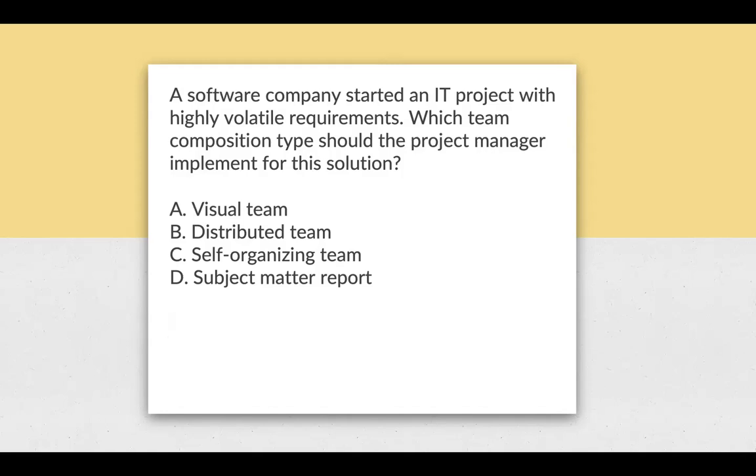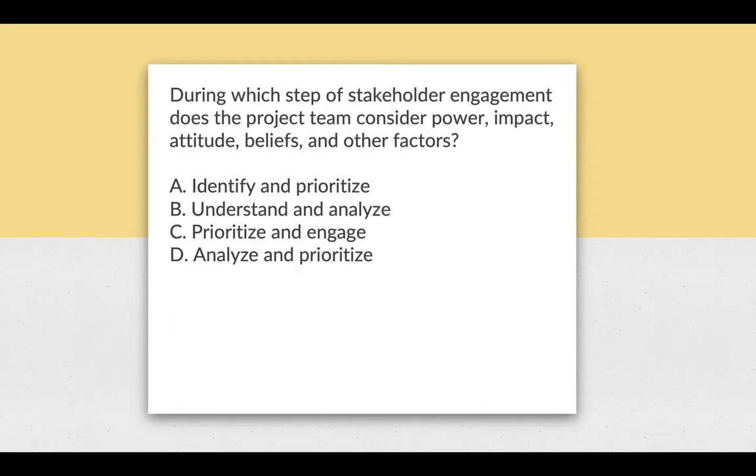Next question. During which type of stakeholder engagement does the project team consider power, impact, attitude, belief, and other factors? A. Identify and prioritize. B. Understand and analyze. C. Prioritize and engage. D. Analyze and prioritize. So the answer is understand and analyze.